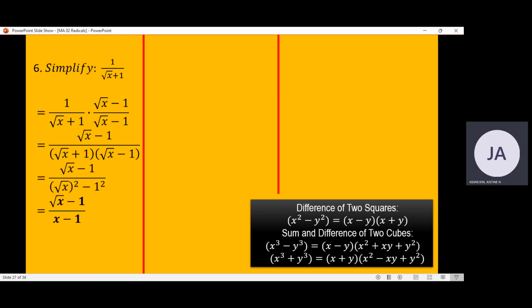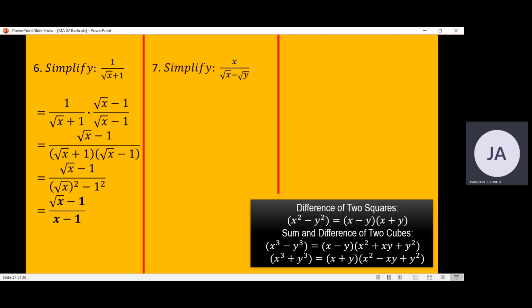So therefore, as we simplify 1 over the square root of x plus 1, it's just square root of x minus 1 over x minus 1. So be careful. Sometimes we need to use some special products to rationalize the given expression.